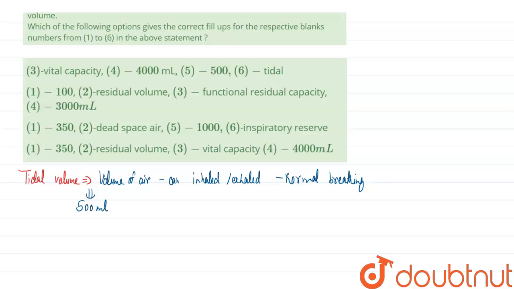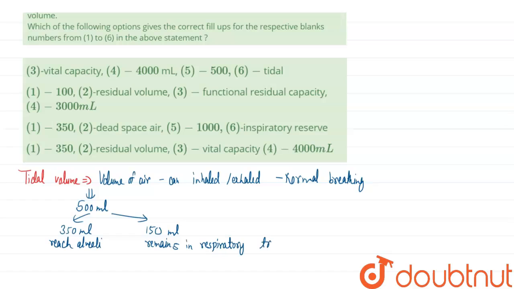In this 500 ml, two partitions are there. 350 ml of the air will reach the alveoli and this will be used for the exchange of gases. And the remaining 150 ml will remain in the respiratory tract.